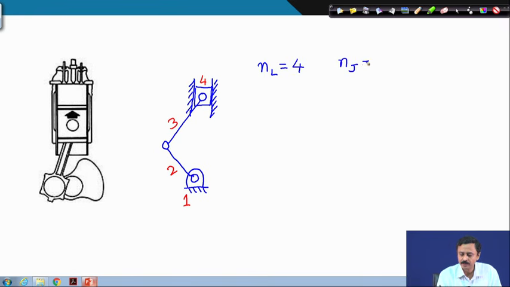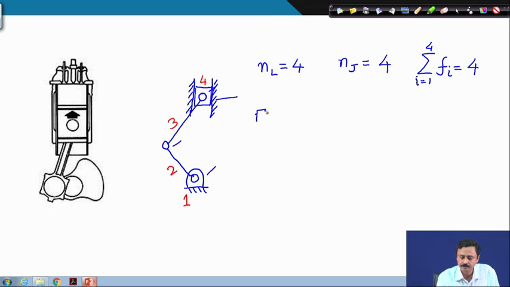Number of kinematic pairs, number of joints: we have revolute, revolute, revolute, and we have a prismatic. So, there are 4 kinematic pairs, 3 revolutes and 1 prismatic. Therefore, the summation of degree of freedom of all these kinematic pairs turns out to be 4, because revolute has 1 degree of freedom, prismatic also has 1 degree of freedom.